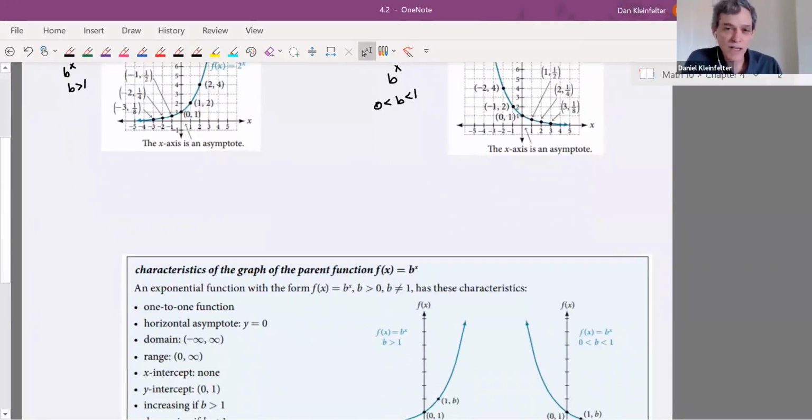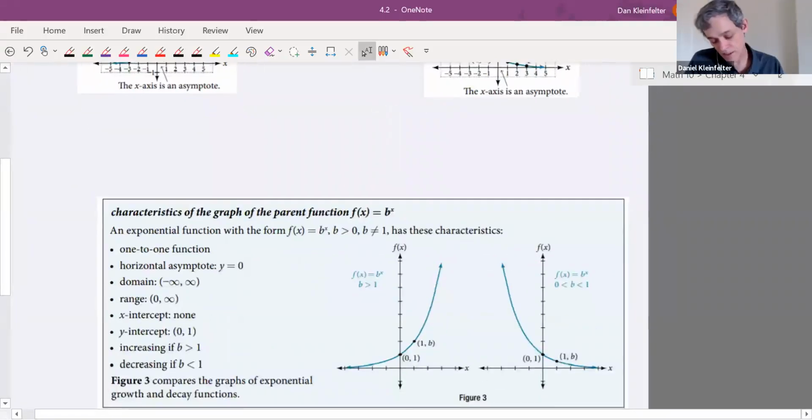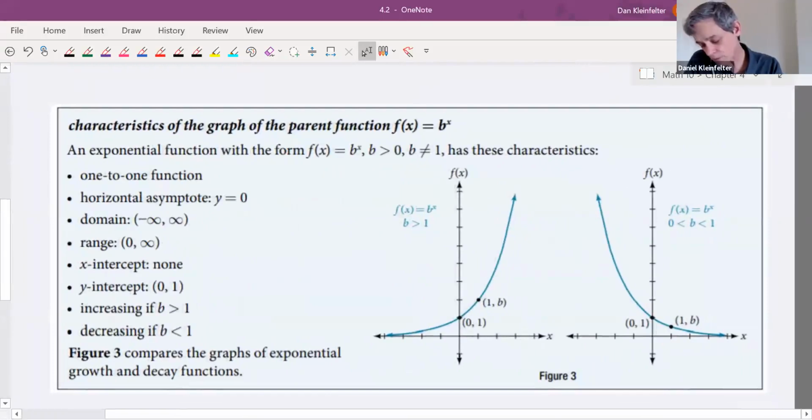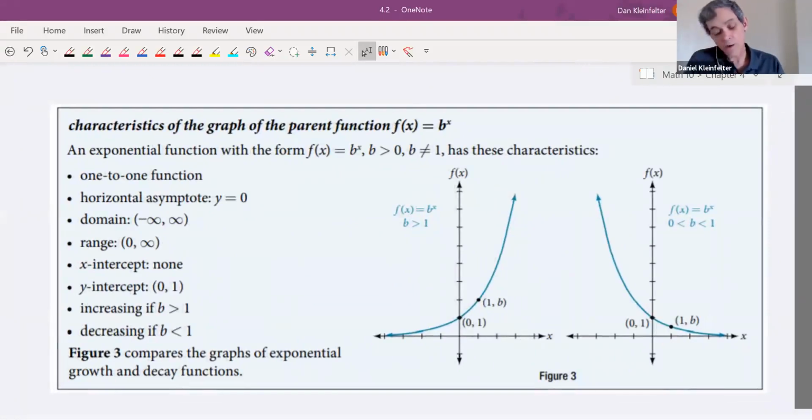All right, so here's some general information about exponential functions. This ties together some of the things that I just said. These functions are all one-to-one. They have a horizontal asymptote. The line y equals 0 will be their asymptote. The domain is all real numbers. The range is 0 to infinity, unless you've shifted it in some way. There's no x-intercept.